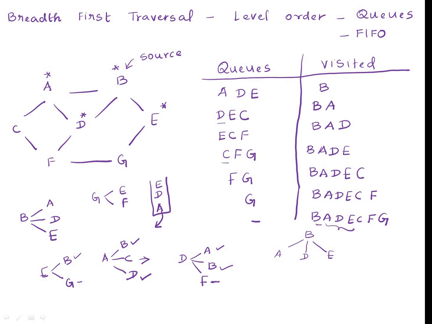Next, we have the vertex C, whose connection is through A. From A, I have a connection to C, from D, I have a connection to F, and from E, I have a connection to G. This is an equivalent spanning tree representation of the above result. There is no need to represent this as a spanning tree, since this last step is more than enough to say whether it is possible to visit all the vertices of the graph or not.